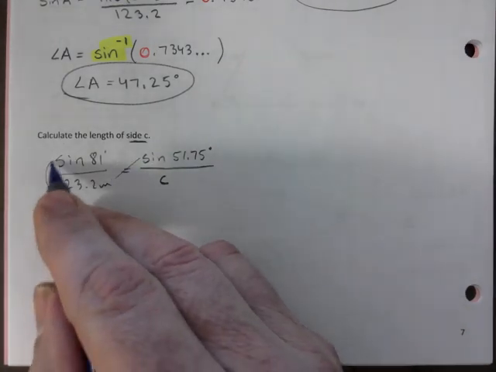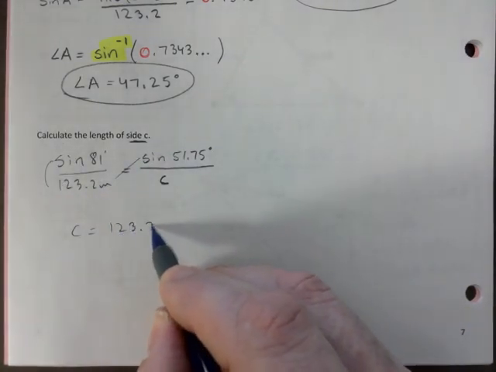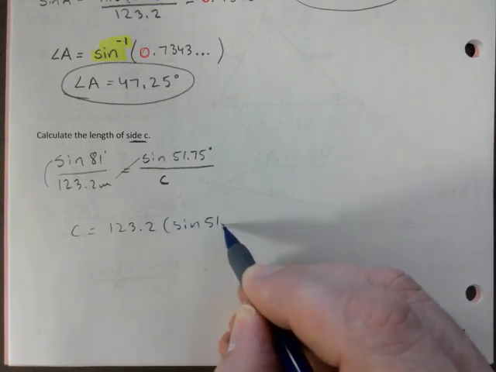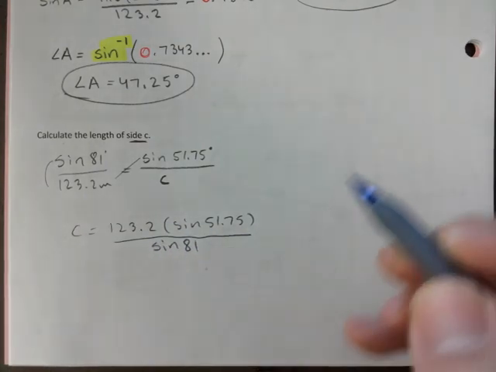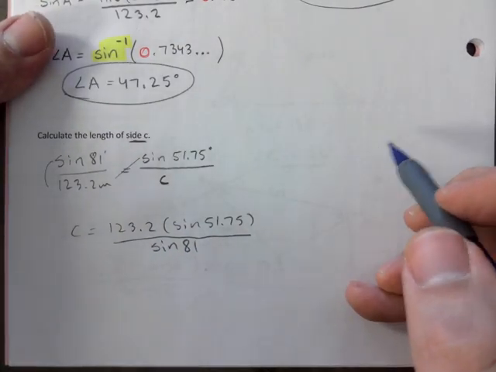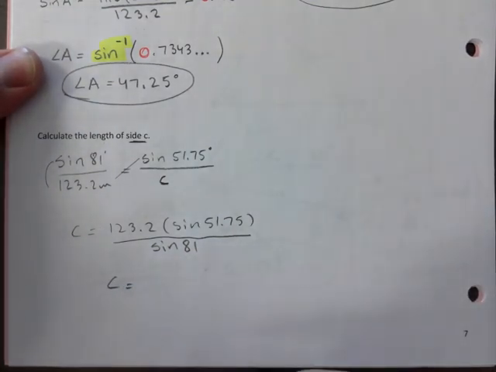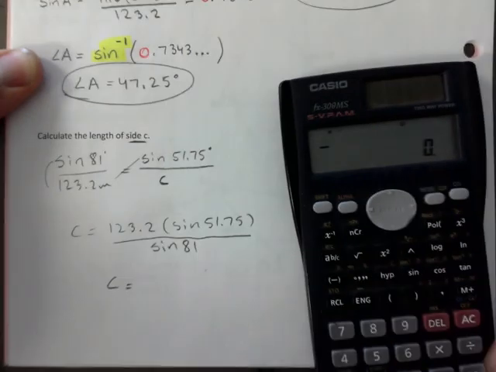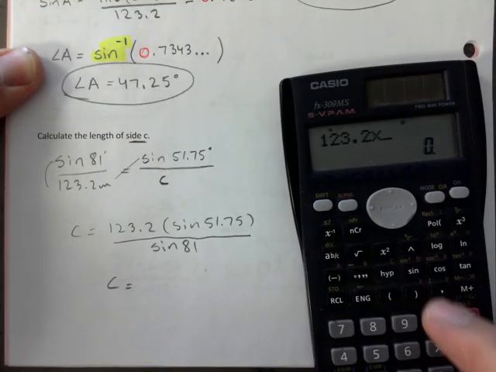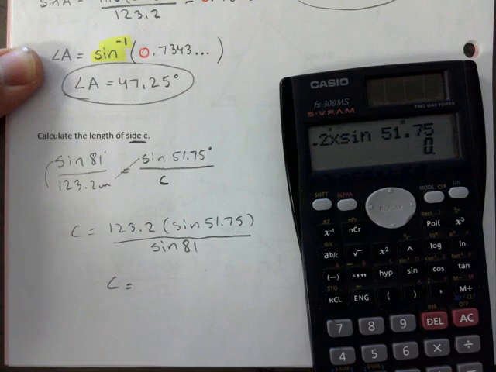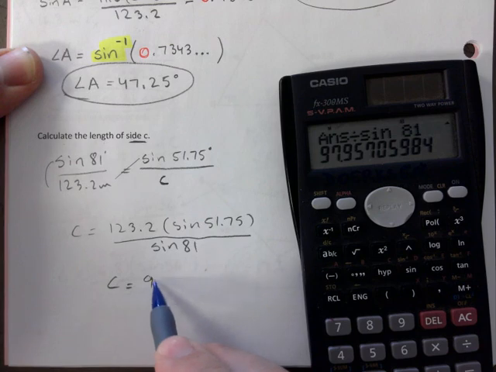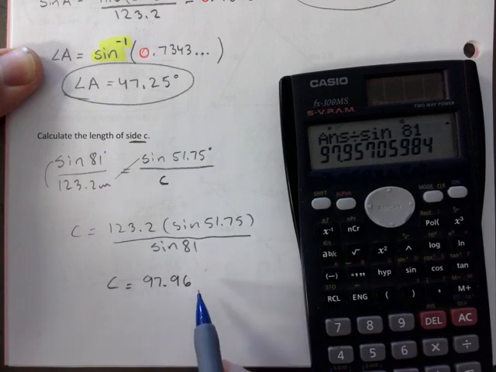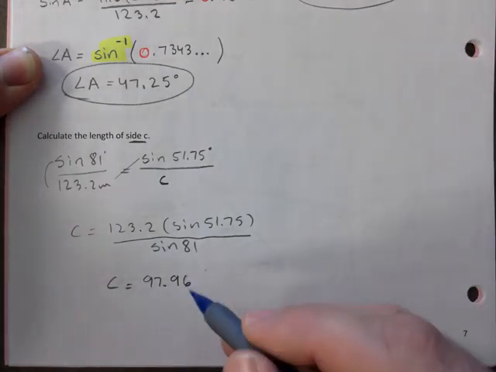It's just cross multiply and divide, right? 97.96, because the 7 bumps the 5 to a 6, and we are in meters.